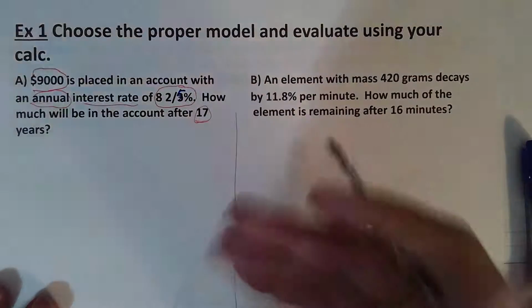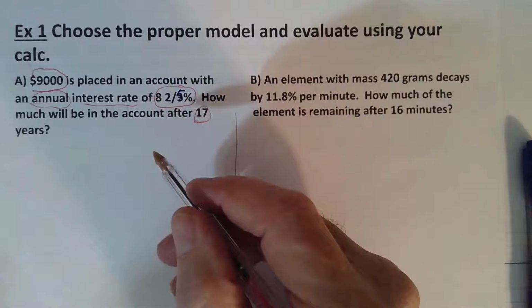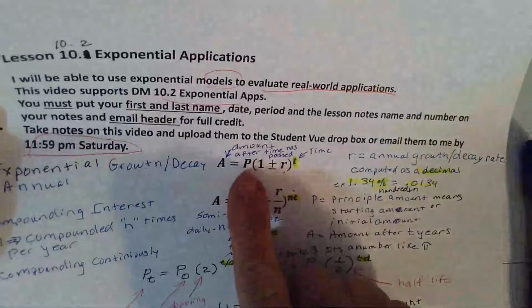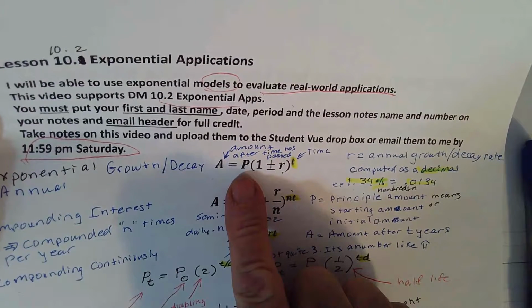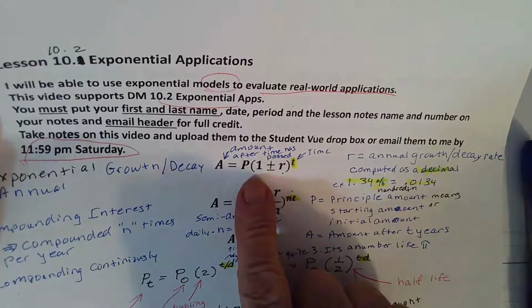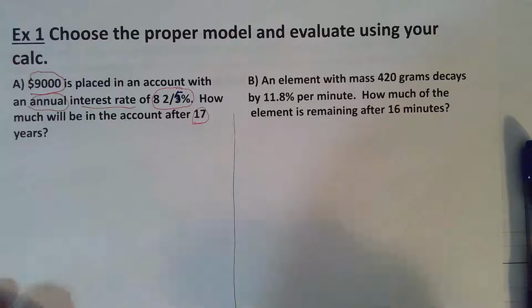All right, so that's growth. That sounds like growth because you've got an interest rate and you put it in the bank and it's accruing interest. All right, so which formula do you use? You're going to use the very first formula that we came up with, the growth version of this exponential growth situation. Growth formula, I'm sorry.